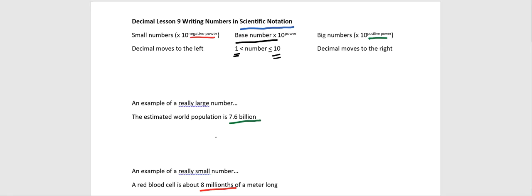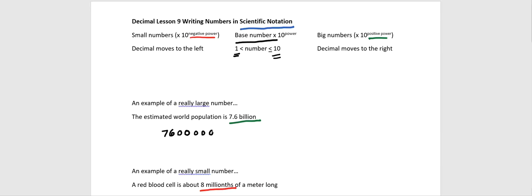This is a fact. If any of you have read about or talked about population and geography, a fairly accurate estimate for the world's population is 7.6 billion people. Now that number we want to write the way that we're used to seeing it. So let's see. I know there's a 7 and there's a 6, and we know there's going to be some zeros that follow. So 7,600. All right, well, we need to go further.